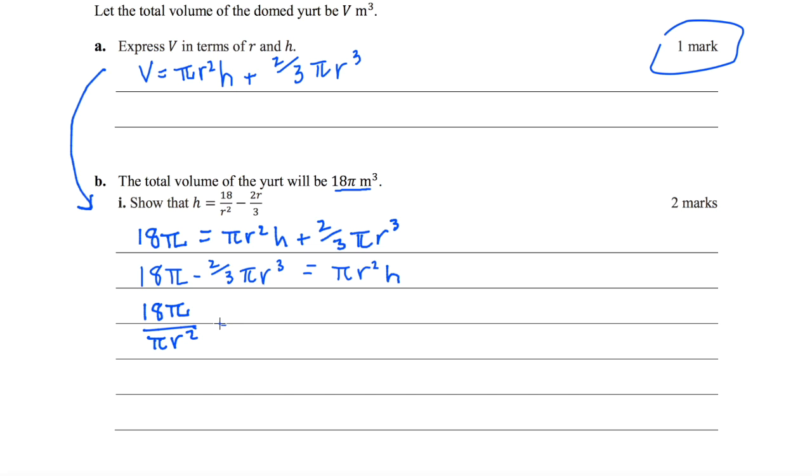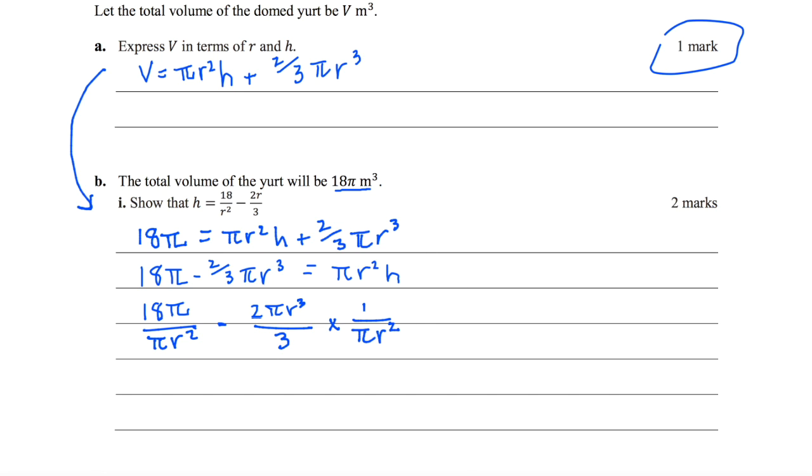The way I would do it to be super clear is write it like this. So it's minus 2 pi r cubed on 3. Then we're dividing by pi r squared. Well, dividing by pi r squared is the same thing as multiplying by 1 on pi r squared. Hopefully you can see that.